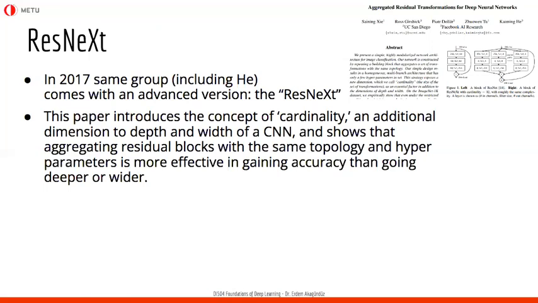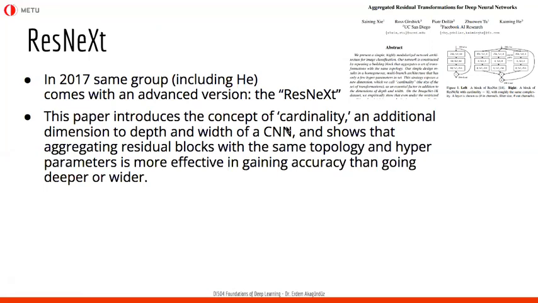Can we apply it to residual networks? Parallel to what Google people did in Inception ResNet, they had the residual network with inception connections. There are different versions, inception, Xception. I won't get into the details of it. They call it ResNeXt, like the next residual network version, in 2017.